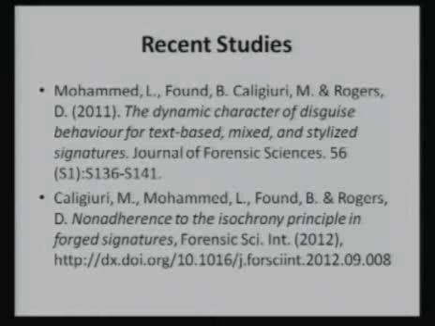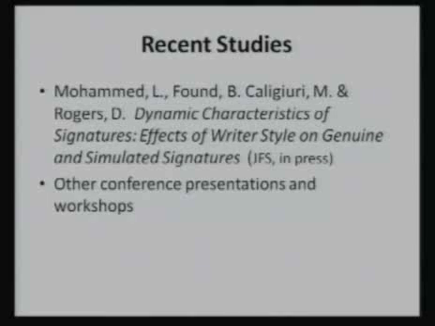I'll just give you the references so that you can go find the results in there. Another one in JFS is in press. Mike and I have given several conference presentations and conducted workshops using the data we have gotten from these studies. Now, these studies are on signatures only, not handwriting.